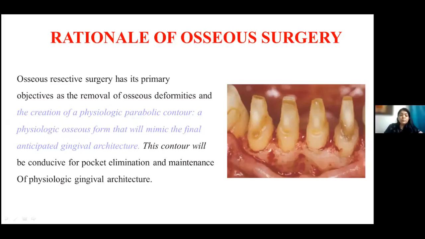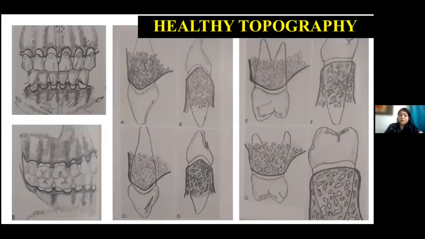Okay, so we will see the architectures now. These are some of the healthy topographies of bone, right? You can appreciate this is how your interdental bone should look. What is a positive architecture? It is seen here in both the diagrams.